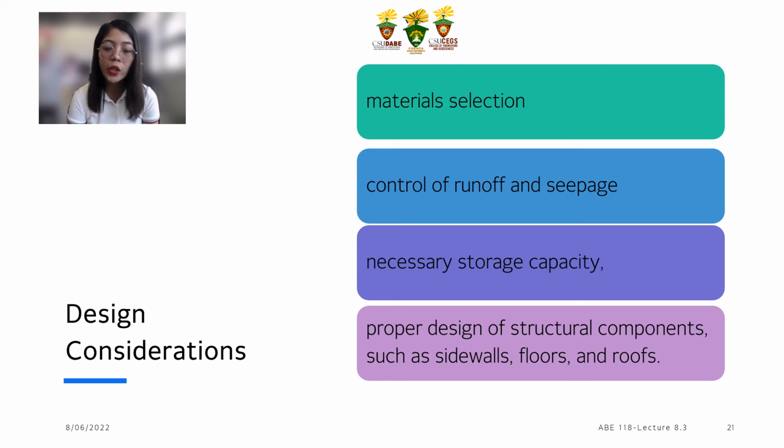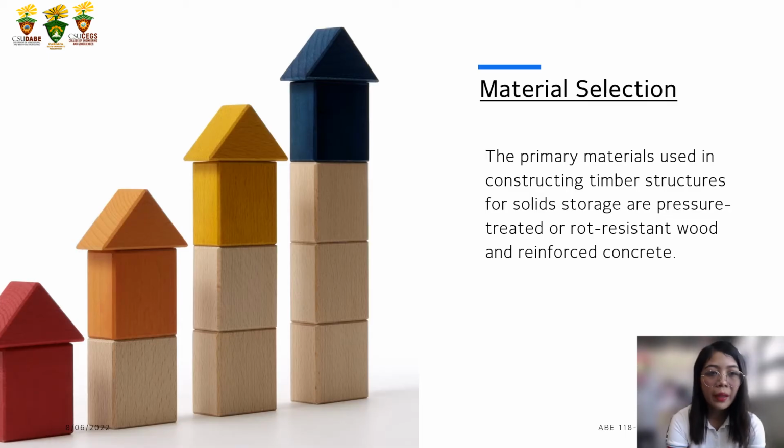So considerations include material selection, control of runoff and seepage, necessary storage capacity, and a proper design of agricultural structural components such as walls and roofs.